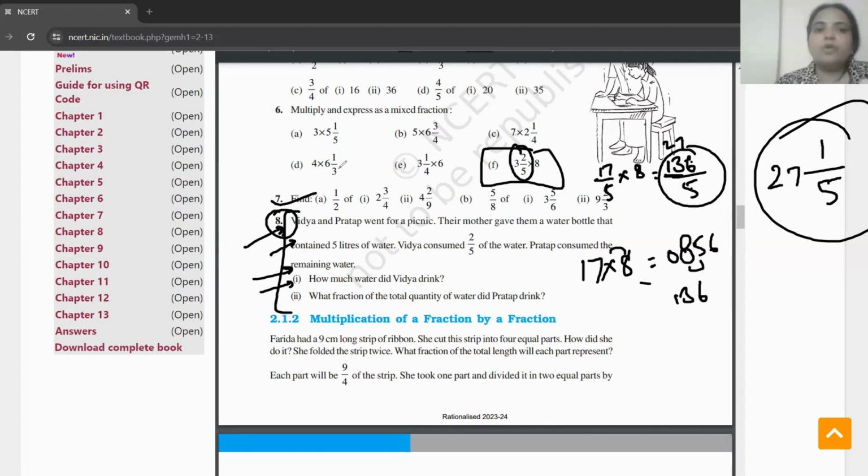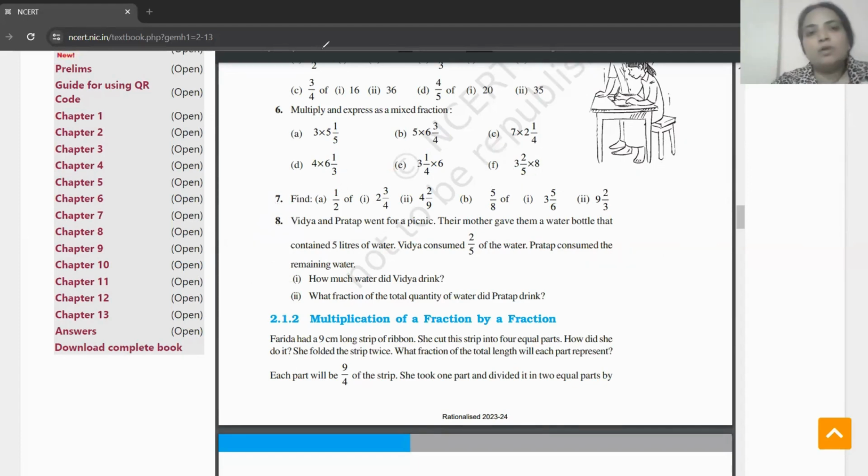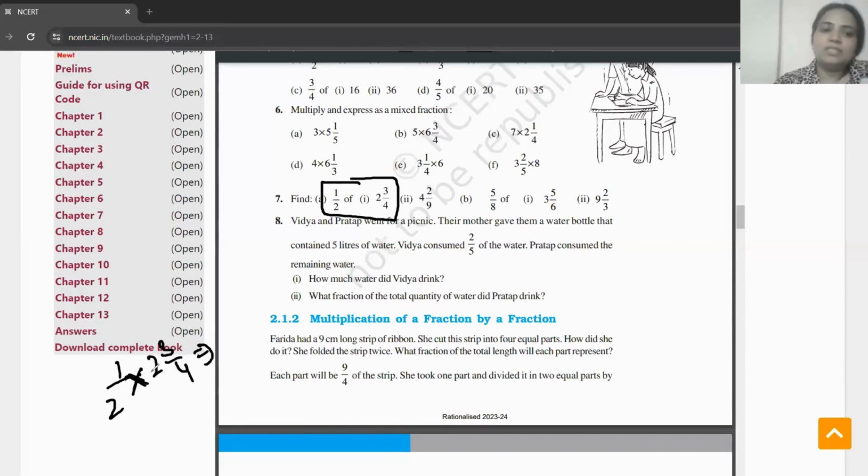7th question, I have not explained that to you, beta, but one of a similar kind we have already done. Half of 2, 3 by 4. That means now what you will do, you will change the mixed into improper. Half of, this is 2 4s are 8, 8 plus 3, 11, 11 by 4.